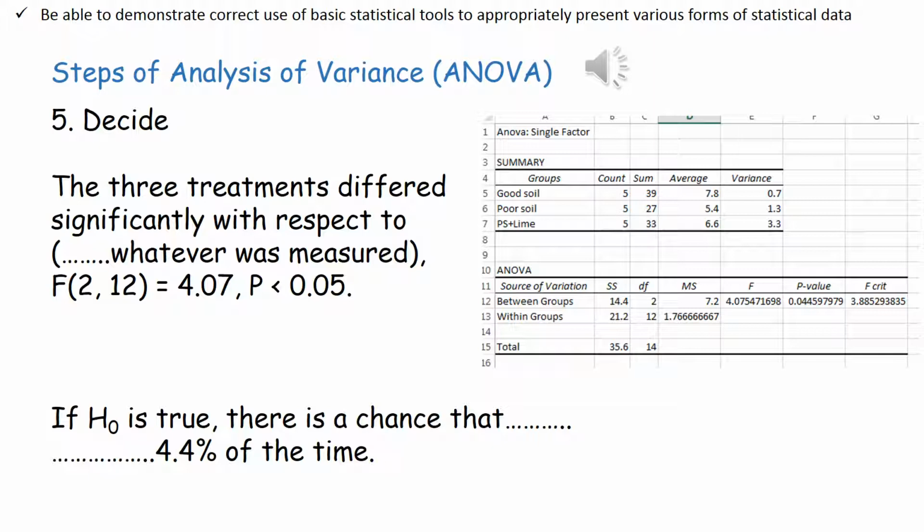So we might say the three treatments differed significantly with respect to height or dry matter yield or bunch weight, at an F of 2 degrees of freedom between groups, 12 degrees of freedom within groups. So we put the 2 degrees of freedom values in brackets following the F, where the F is equal to 4.07 and P was set to less than 0.05.